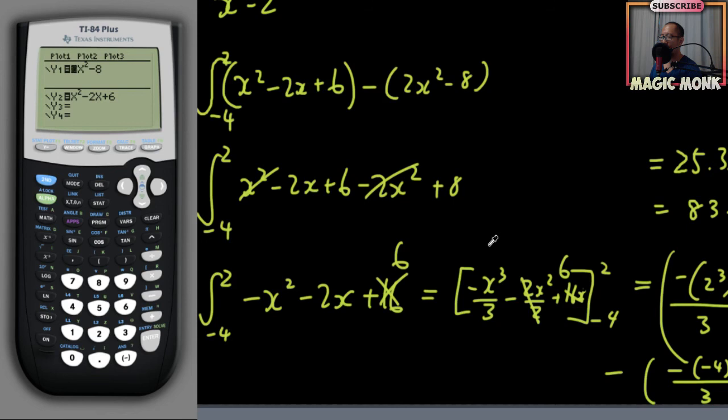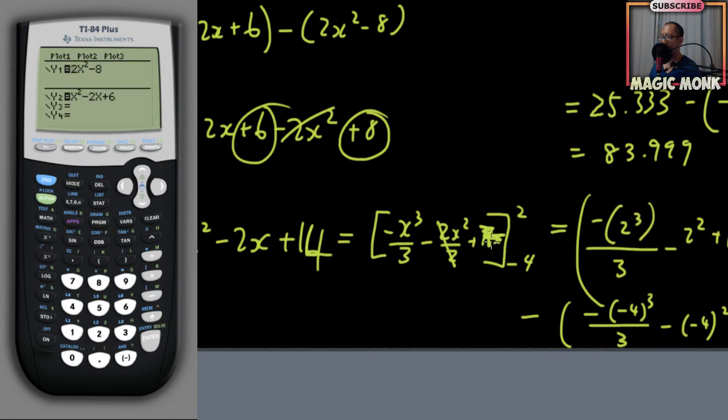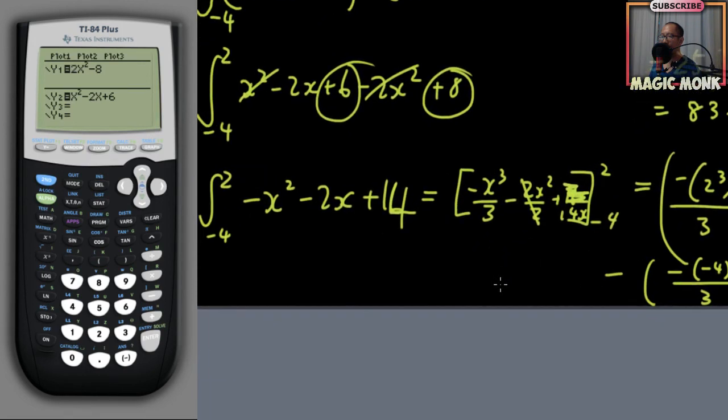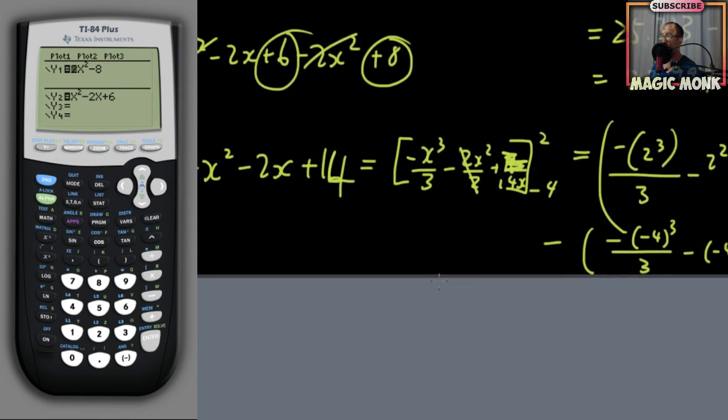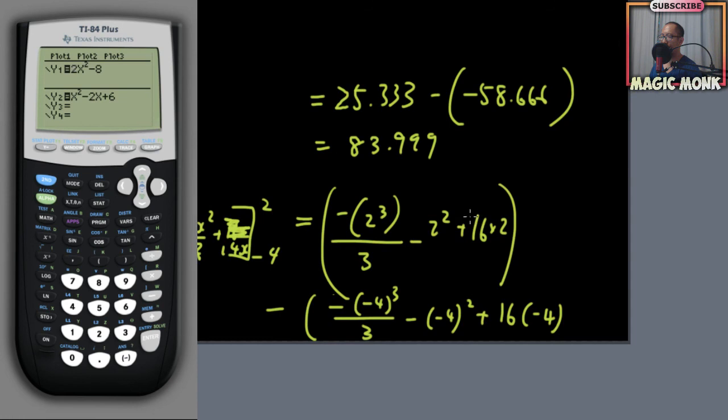It's not 6 either. It's 6 plus 8, which is 14, not 16. So that's 14x. Any other mistakes? So that's 14 over here, and that's 14 over here.